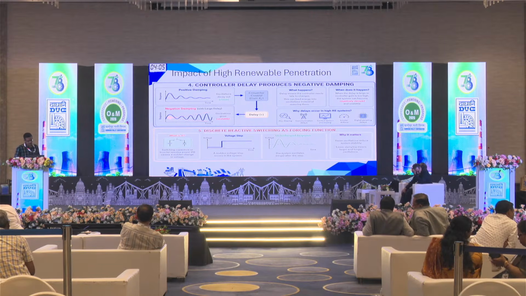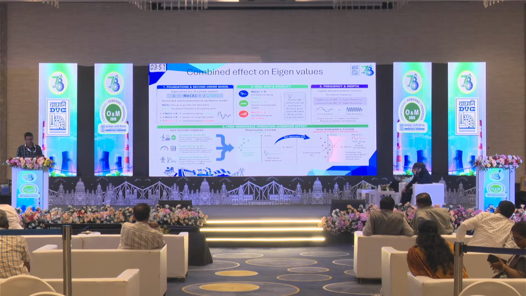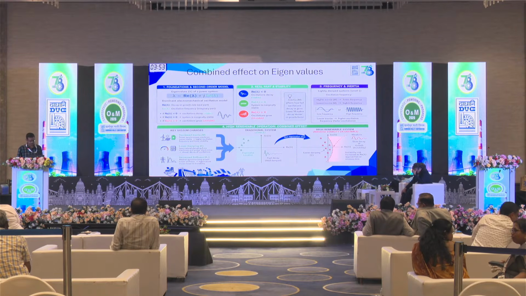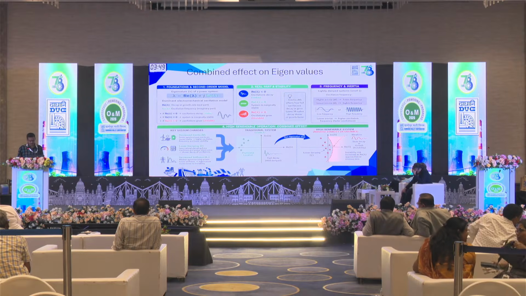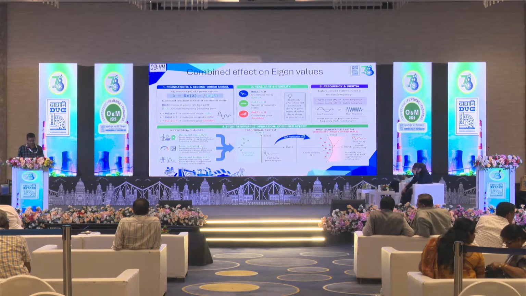Next is the combined effect on eigenvalues. Eigenvalues determine the oscillation frequency and damping characteristics of the power system. When the real part of the eigenvalue is negative, oscillations decay and the system remains stable. If the real part approaches zero, the system becomes weakly damped.